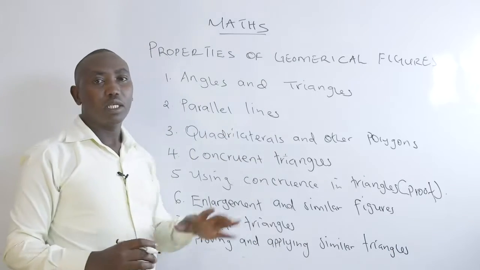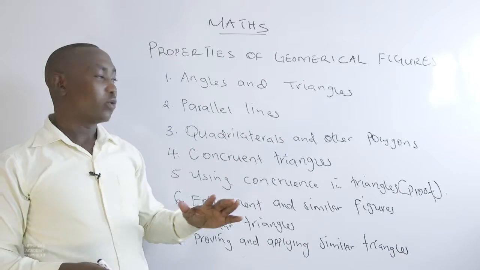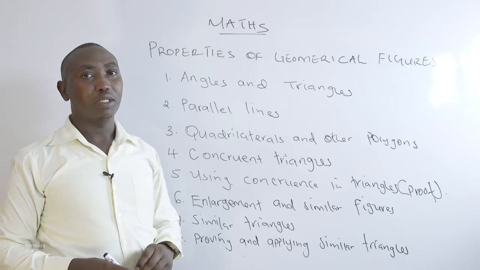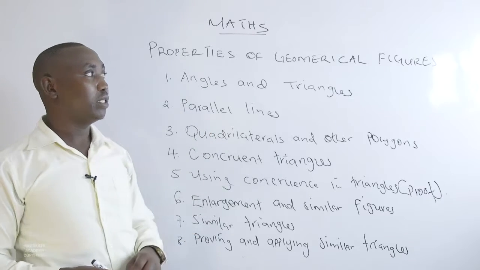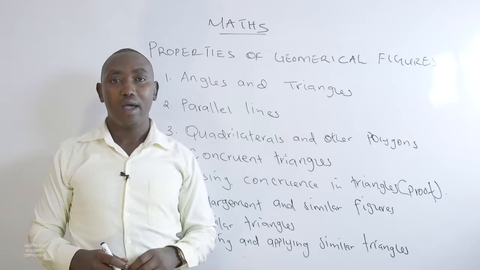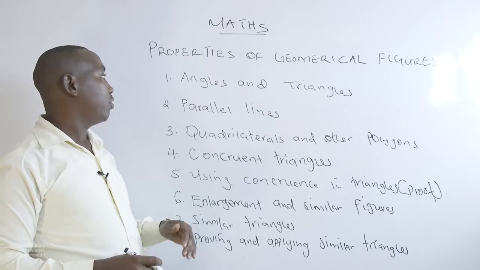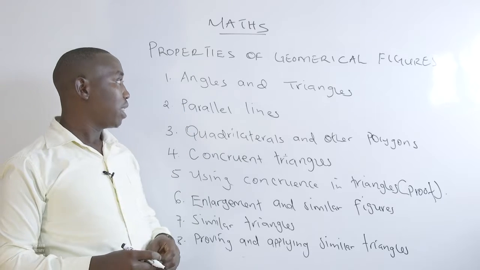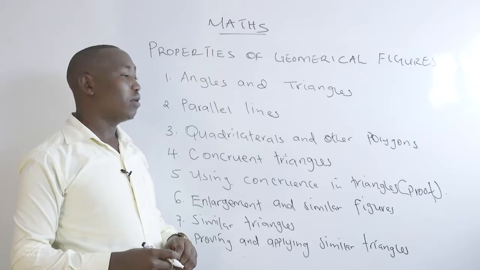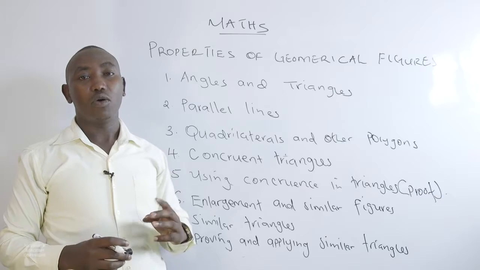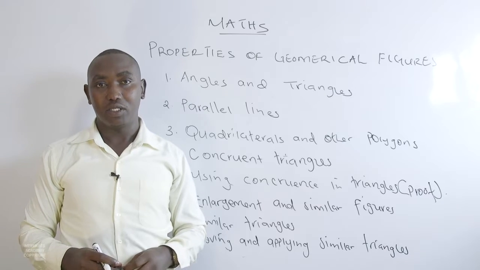So these are the 8 subtopics which we are going to cover across this topic on properties of geometrical figures. During this lesson, we are going to look at the first two, that is the angles and triangles, and also touch on the parallel lines.